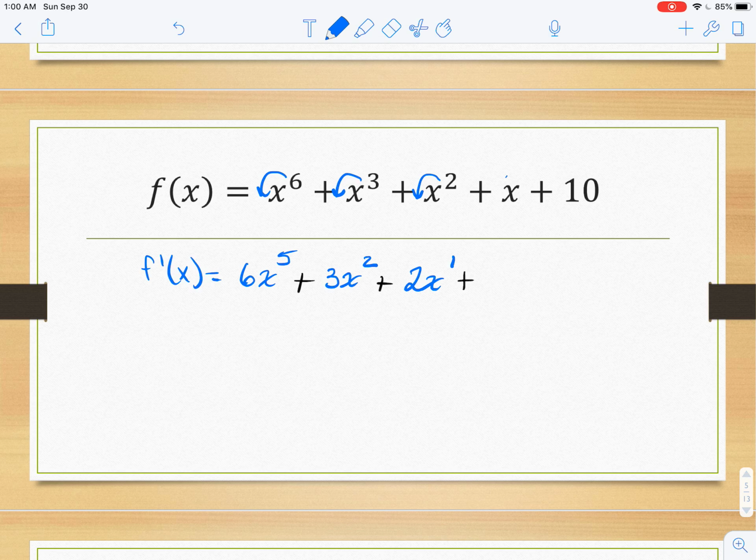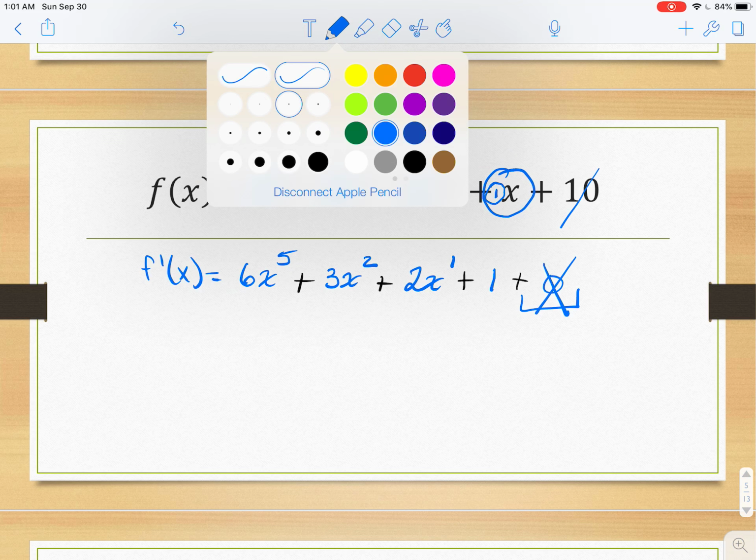Whenever we have an x or any variable just like that, the derivative is going to be what's in front. In this case it's just 1, since there's an invisible coefficient of 1 in the beginning, and there's no exponent. So the derivative is just 1. Plus, as I said before, any constant that's just there cancels out, that's 0, so we don't even have to write it. So this is our derivative.